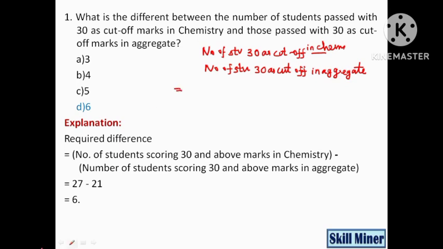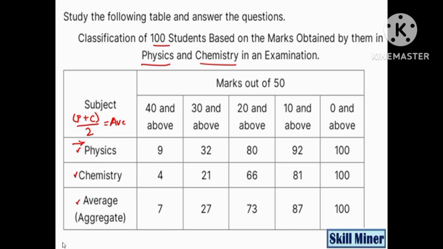You observe in this table, 21 students scored above 30 marks in chemistry and 27 students scored above 30 marks in aggregate, that is average.